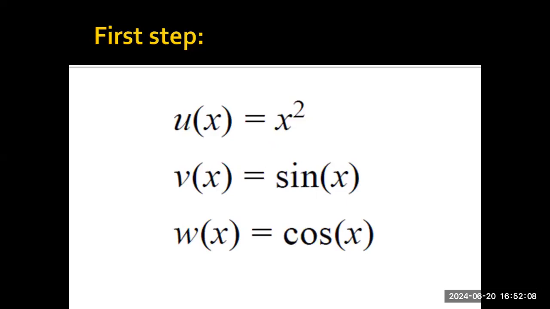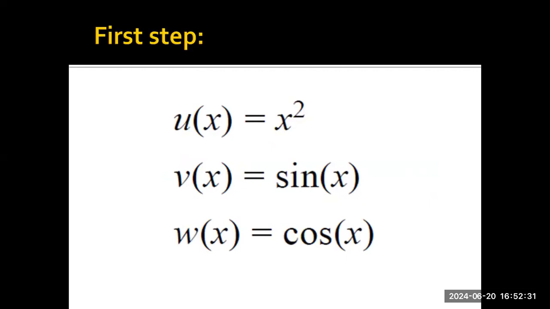Okay, so first step, let us identify each factor. The first term can be represented by a variable u of x, okay? And that being the first factor is equal to x squared.